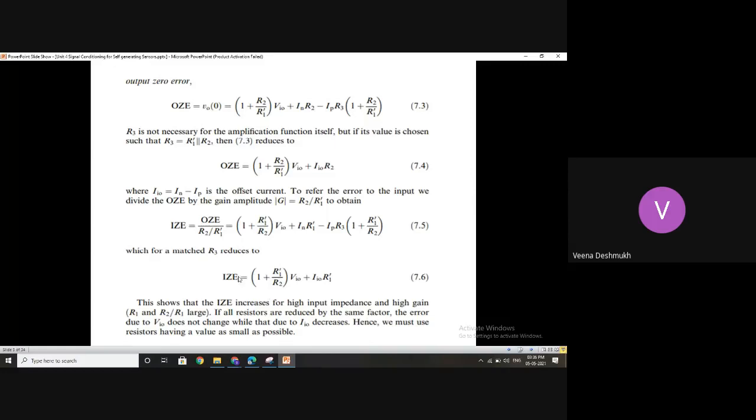And also because the input zero error and output zero error are dependent on these resistor values, if you use lesser value resistors, automatically this can be reduced to a smaller number, so that in the next circuit the gain factors are reduced and you get minimum error propagated to the next stage. So this is regarding output zero error and input zero error.